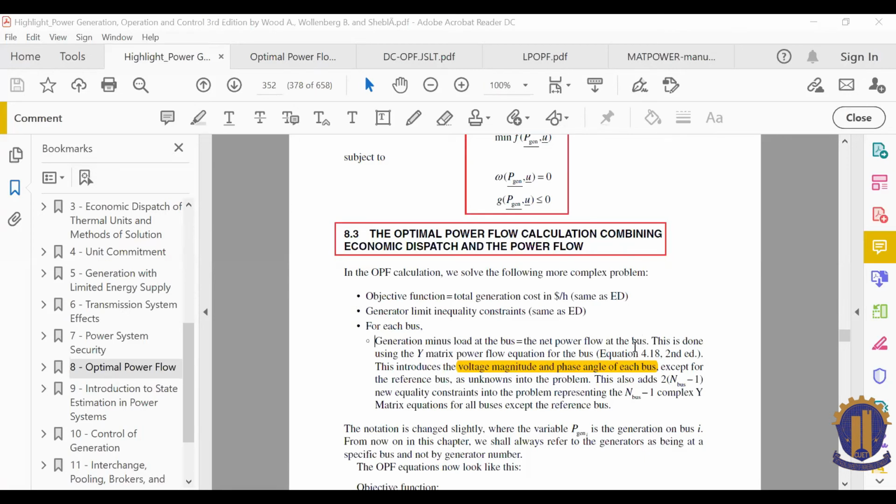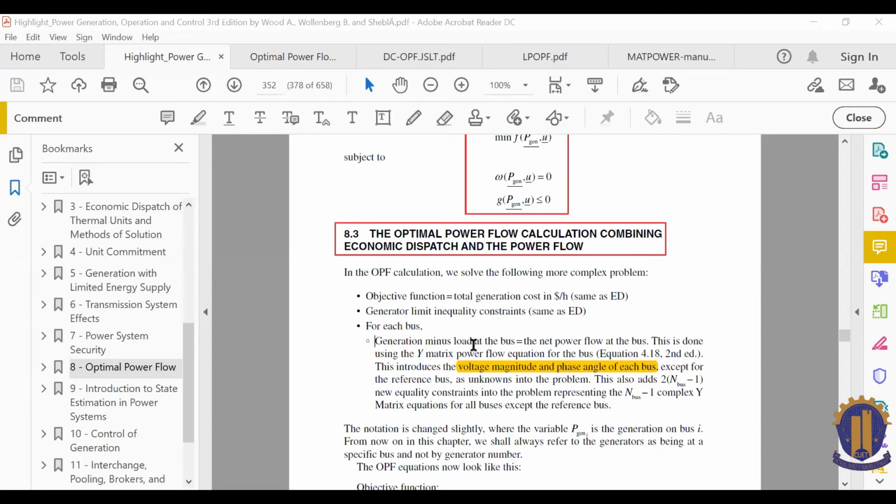For example, consider a bus or a node with two generators and one load, and the same node connected with two transmission lines to two other buses. How will it be? Power is injected from two generators.